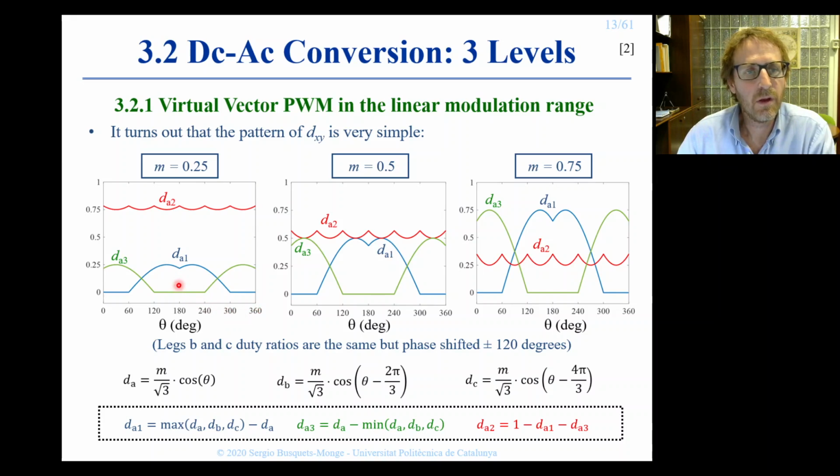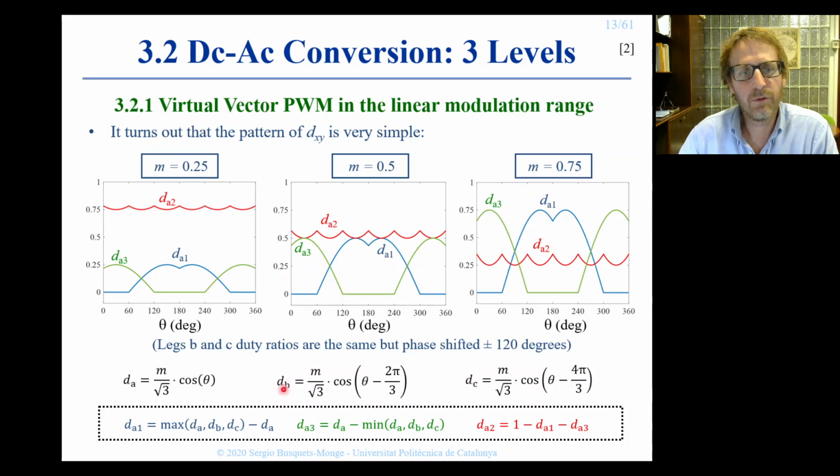The duty cycles for legs B and C are the same as for leg A, but phase shifted plus/minus 120 degrees. And in fact, we can get the exact value of these duty cycles by some very simple expressions. We start with the normalized value of the phase voltages, which are written here as dA, dB, and dC.